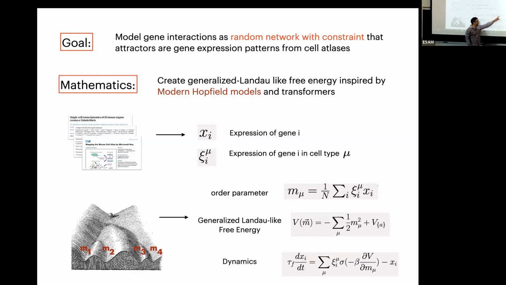They're basically dot products between zeta mu i and xi. Then we're going to write a potential and some update, which is called a modern Hopfield network, and some dynamics that is basically a gradient dynamics in this magnetization space instead of in gene space. And there's nothing tricky.